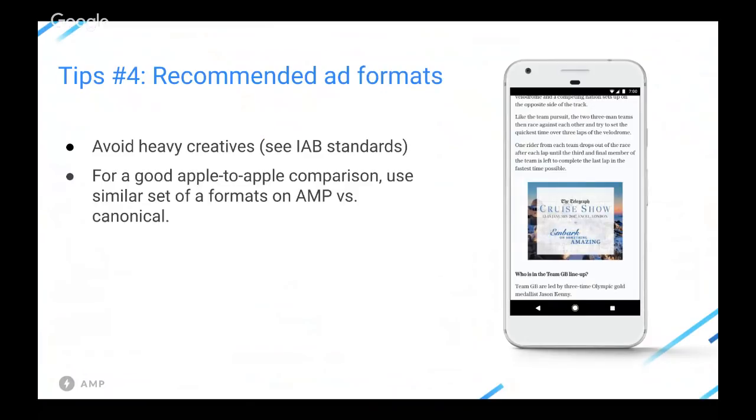Yeah, so recommended ad formats would be a banner, and you would like to avoid heavy creatives and check IAB standards. There's always the go-to guidelines for any kind of ad optimization. And you can also check AMP versus canonical ad units to see how they perform.